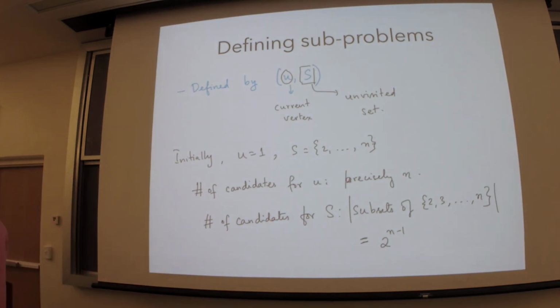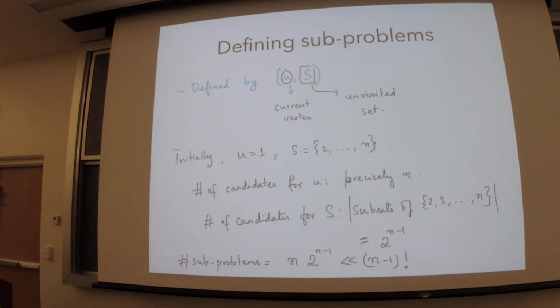That's n times 2 to the n minus 1, and this in general is way less than n minus 1 factorial. So you can hope that there's a lot of reuse in this process.